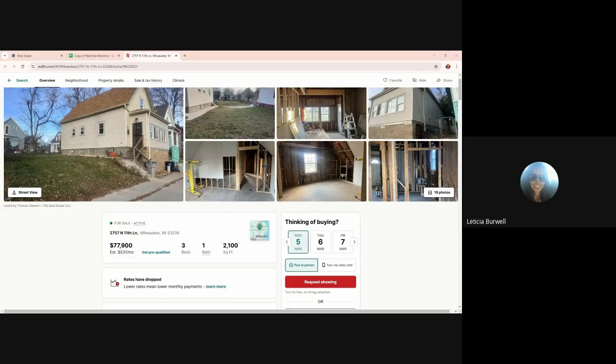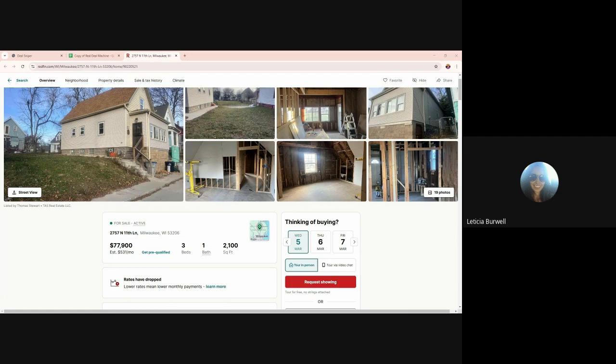So I have a realtor that wants to know more about the seller finance deal. I don't know if you saw my post in Discord, but she's saying that the seller is looking for the 12-month payment. I don't know if he wants more money down or what.